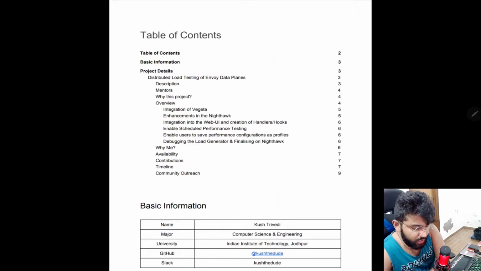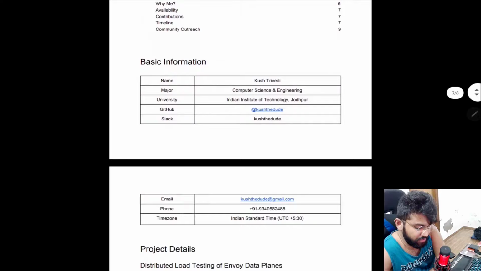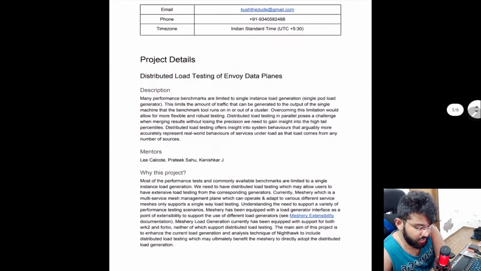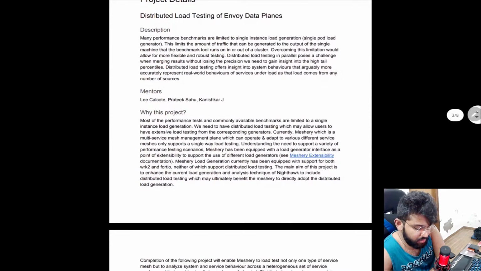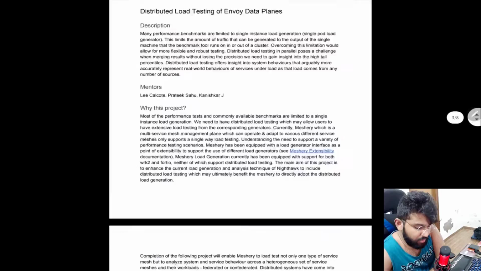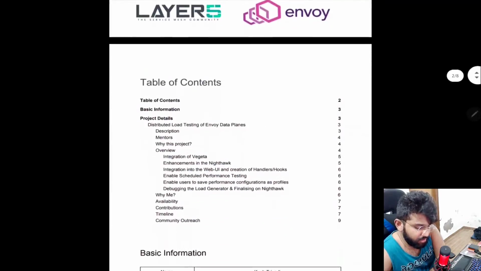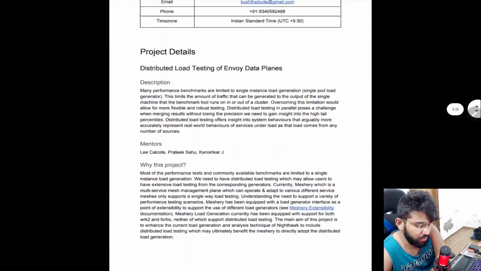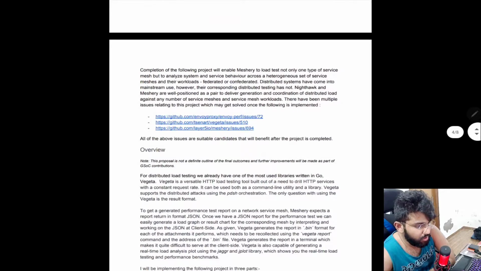In this one he has made a little bit of index. He has mentioned basic information in a table, the project details, the description, the mentors, why this project, and so on and so forth. Immediately when the mentor sees this index, he knows that this guy has put in a bit of work. Let's straight away go through the proposal and see what he has done.